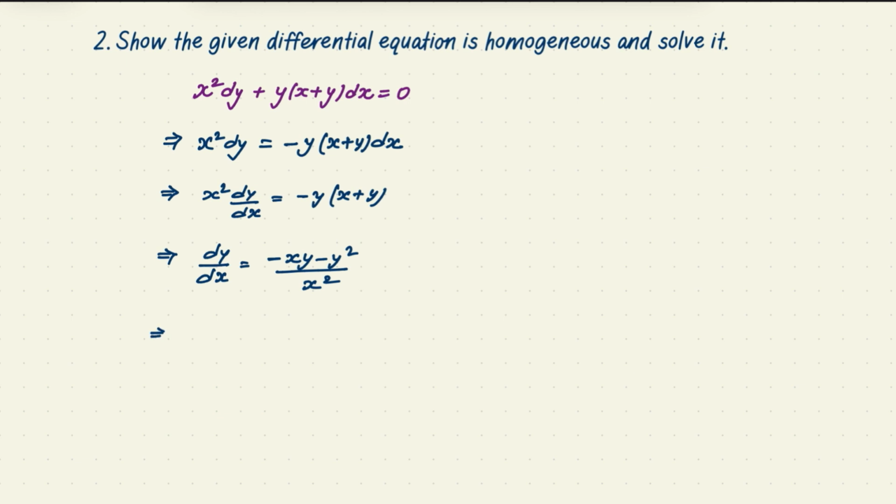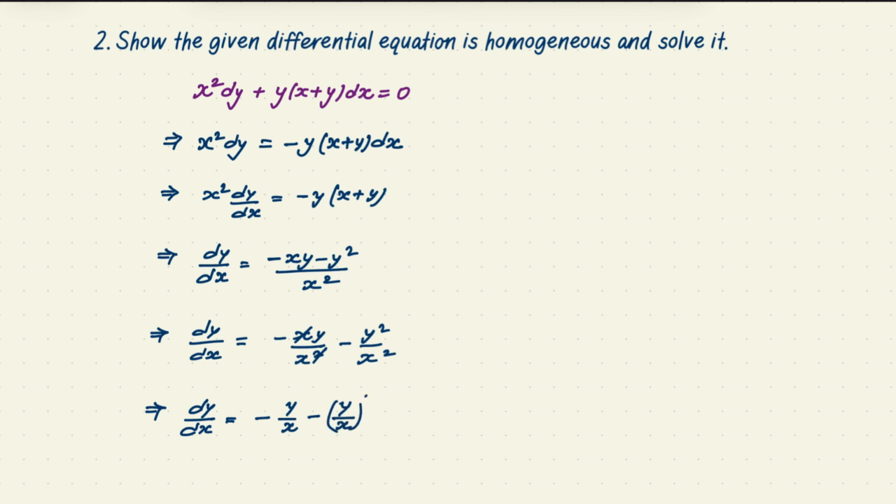So this implies dy over dx equals, let us separate the denominator, xy by x square minus y square by x square. Here x and this square got cancelled, so dy over dx equals minus y by x, and minus y square by x square can be written as y by x whole square.